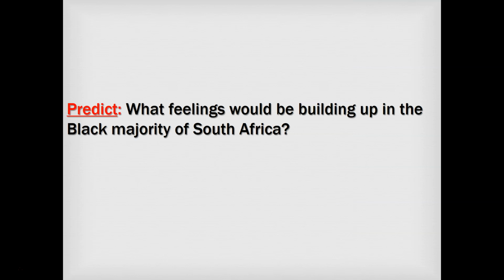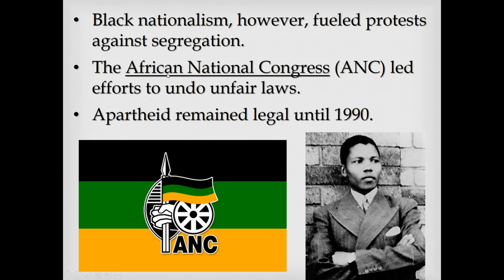Now, if you think about this, guys, again, the black population of South Africa are the majority. They're being oppressed by a minority. I think we know what feelings would probably be growing here, and it's our old friend nationalism. So black nationalism in South Africa grows, and it fuels protests against the segregation system of apartheid. And this movement culminates in the establishment of a political party called the African National Congress, or ANC for short.